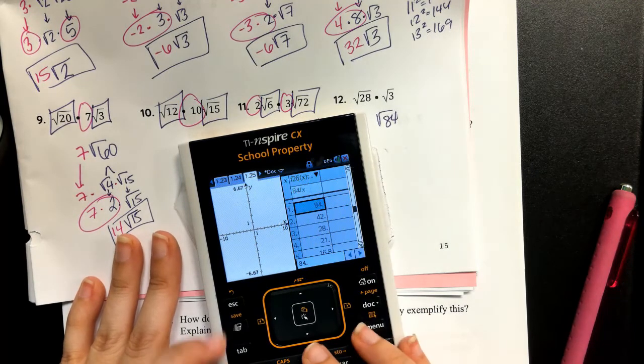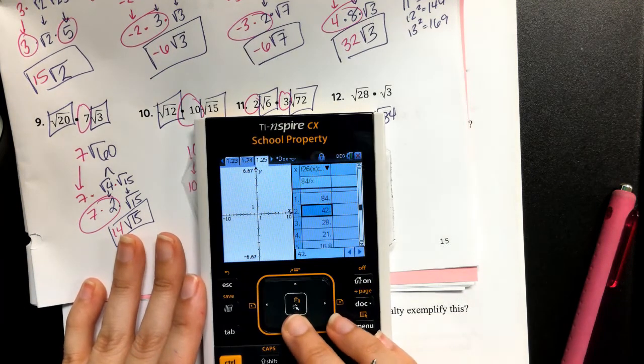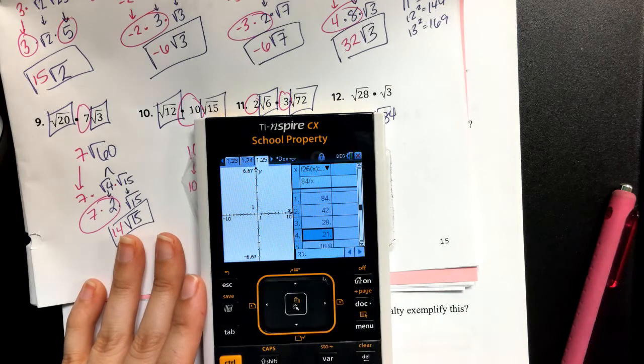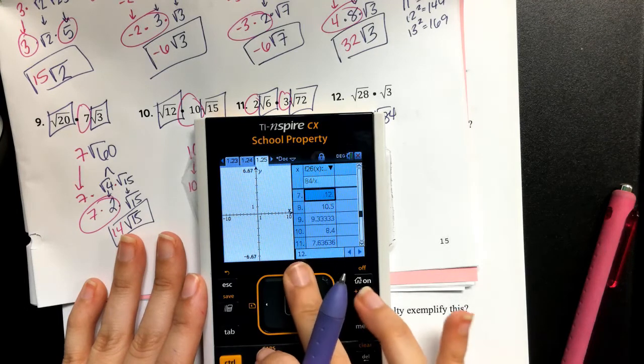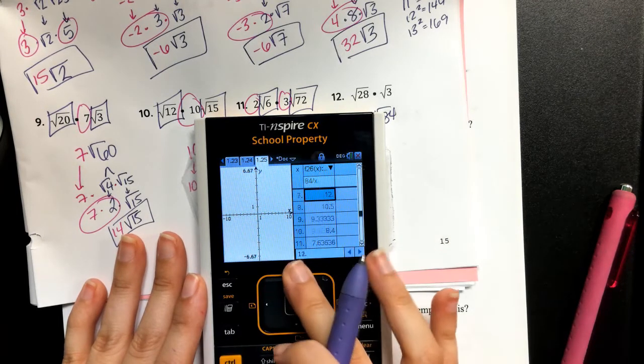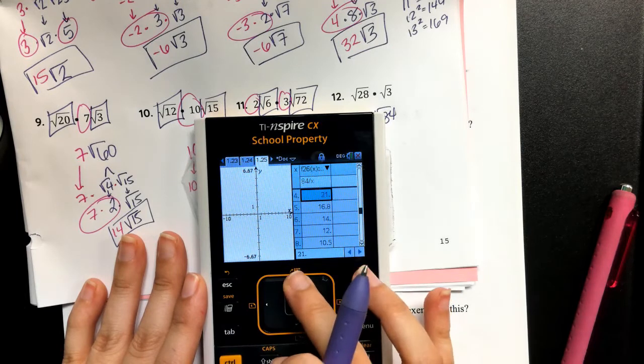Control T. Let's see. 4 is a perfect square, so maybe 4. 12 and 7. 7 and 12. So we repeated. So our biggest perfect square is 4.